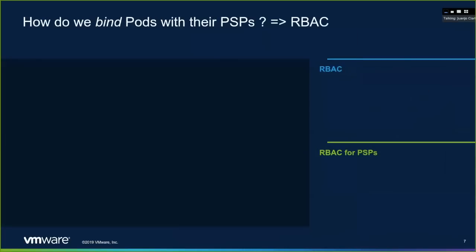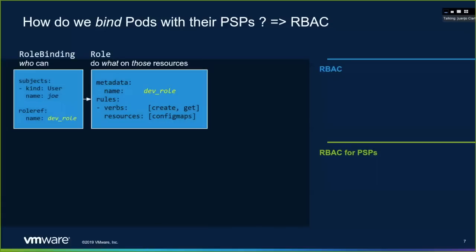And the answer, as you may already guess, is RBAC. RBAC is a generic mechanism from Kubernetes to do this, where, if you recall, you have role bindings that point to a role. The role binding says who can, and then the role lists all the things that these subjects will be able to do once bound to this role. As you can see in the slide, the role binding is who can, and the role is do what on those resources.